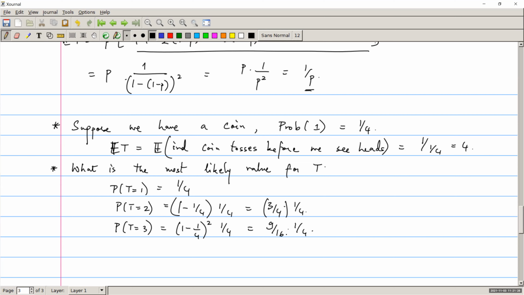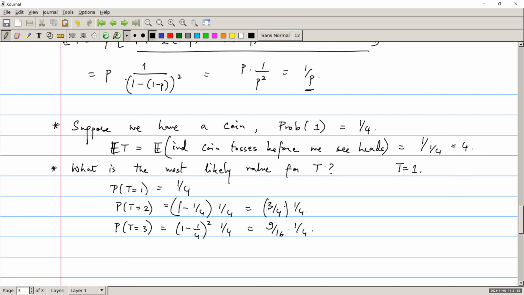So what is the most likely value for t? Yeah, so t equals 1 is actually the most likely value. But the average, the expected value for t is 4. Okay, so there's no contradiction.